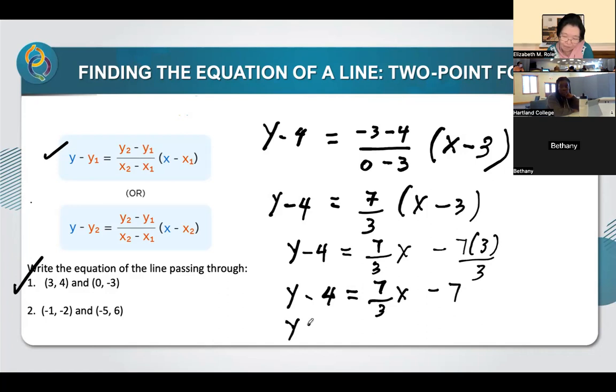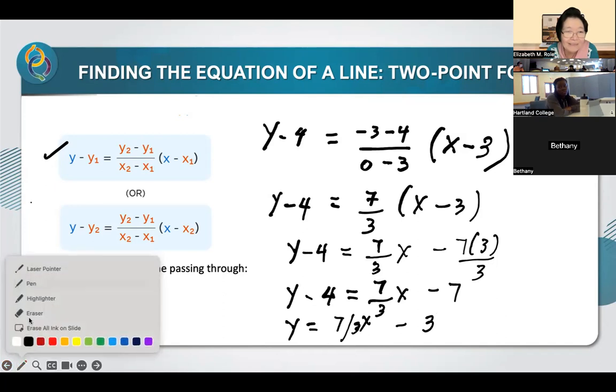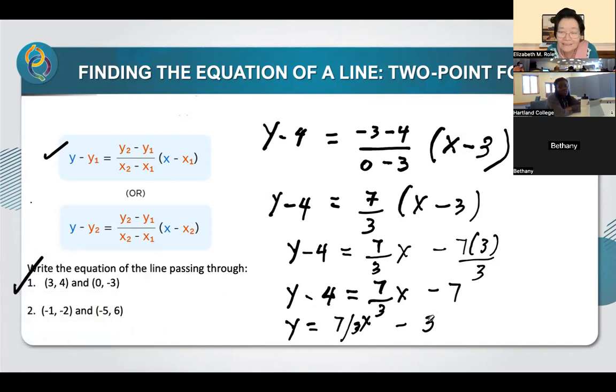Final equation, y is equal to 7 over 3x minus, we transfer the 4 to the other side. Let me just continue, sorry, I will put the 3 again.